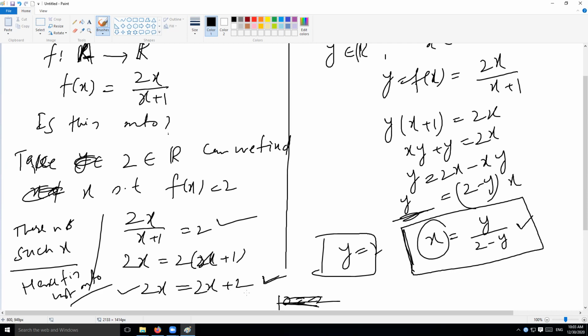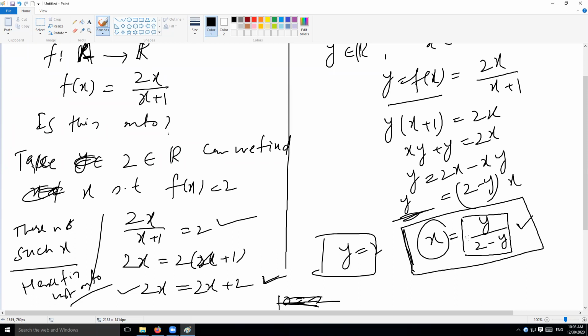Okay. So the trick is this actually: always equate your y to f of x. Try to find x in terms of y, and then see whether the formula that you have found for x in terms of y makes sense for all y's. If it makes sense for all y's, probably your function is onto.